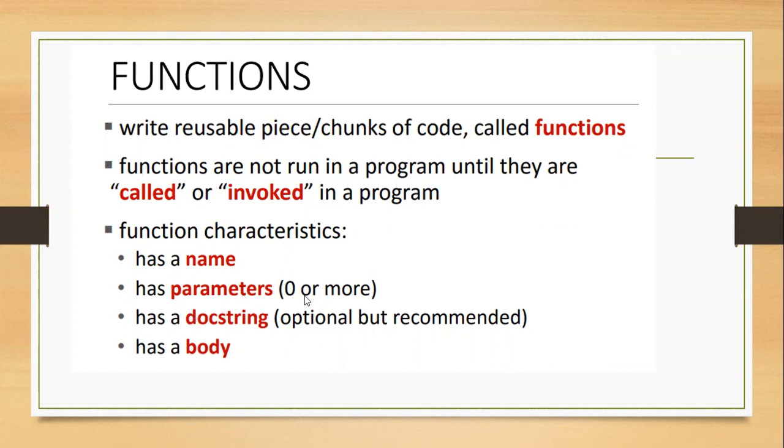So we are saying parameters can be 0 or more. In a few, we will know what a parameter is, and even why it needs to have 0 or more. Then it should, we are saying this is optional, but very recommended, that it has a docstring.